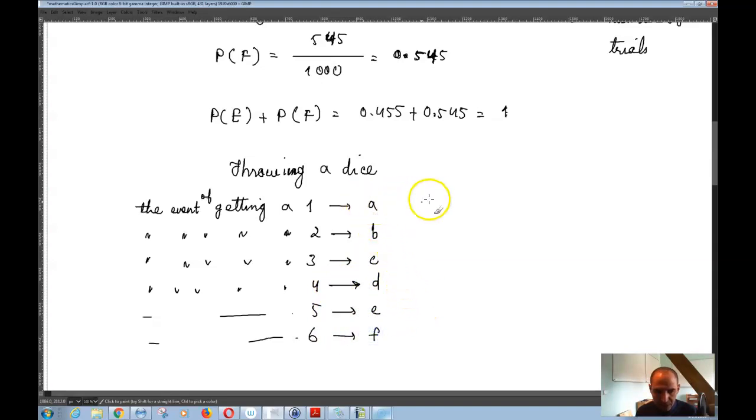Then based on this, I can calculate P of A, the probability of A happening, in the same way that we did here.